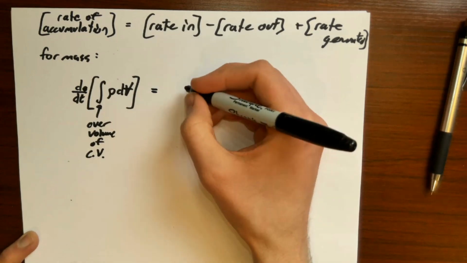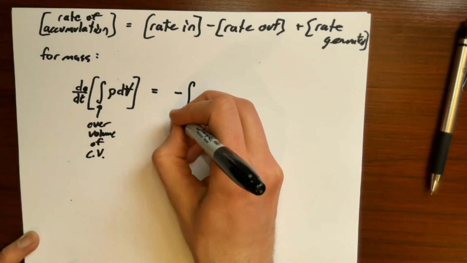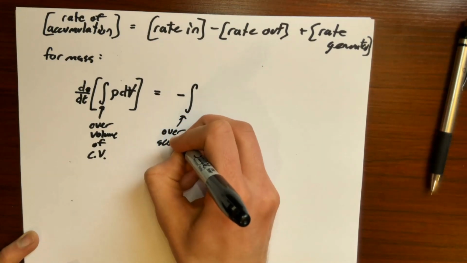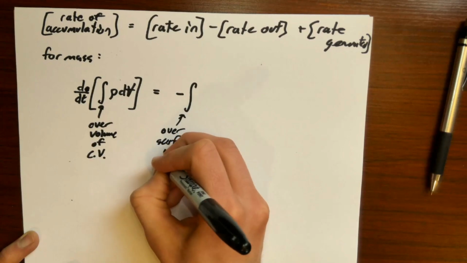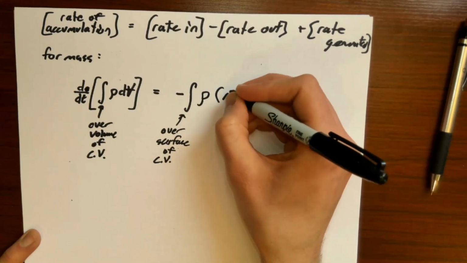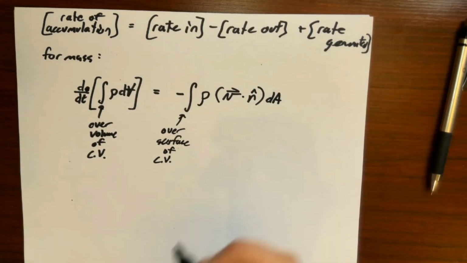And it's equal to minus an integral over the surface of our control volume of rho v dot n dA.